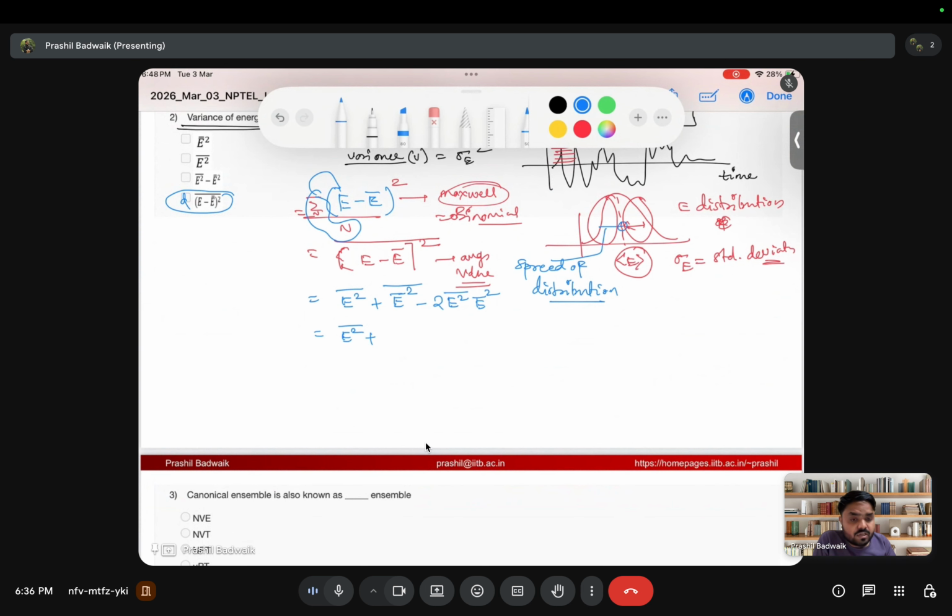It is not changing, and again the average of that value is equal to the square of the average value minus 2 e square average, right?